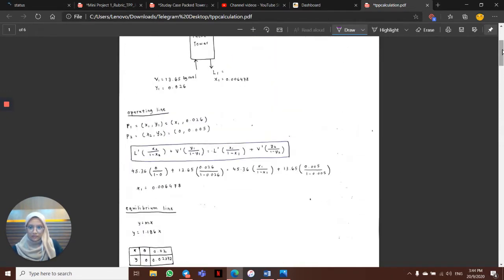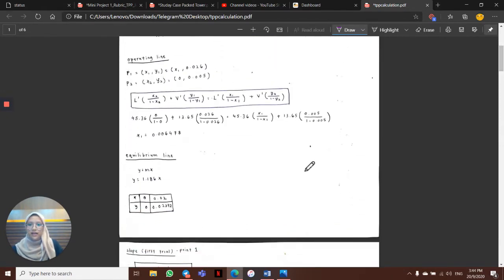For the equilibrium line, we already have the gradient, which is 1.186, and now we just need to substitute the values of y and x in the equation y equals mx. The first x is 0, so you will get y also 0. For the second x, you can put any value that you want and you will get the y value.